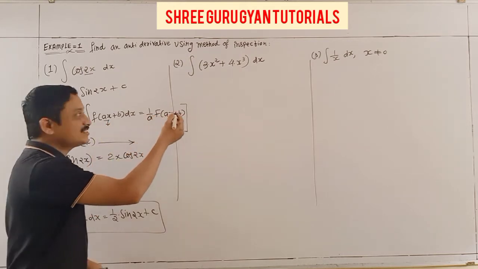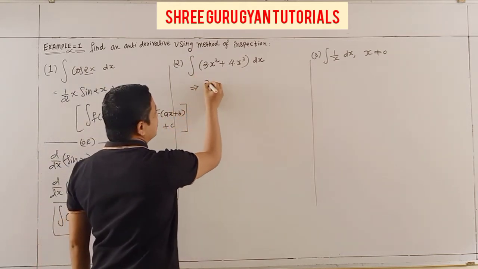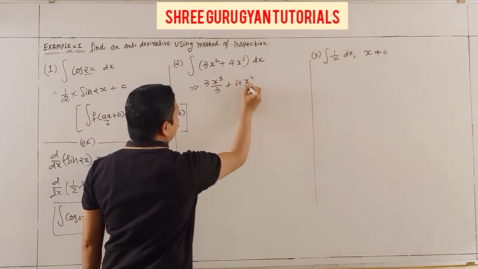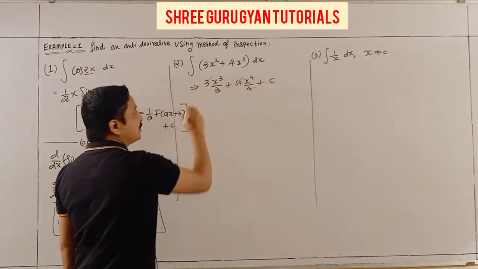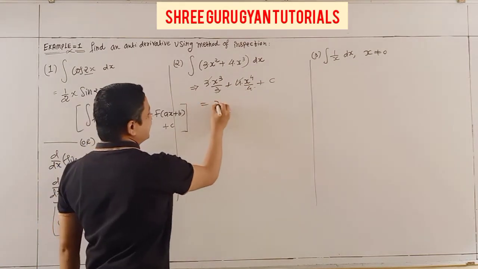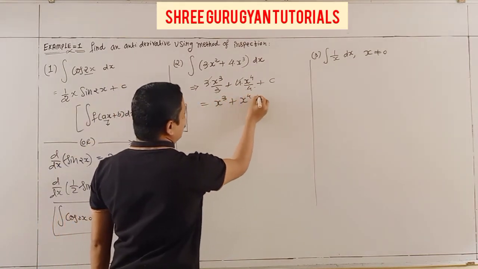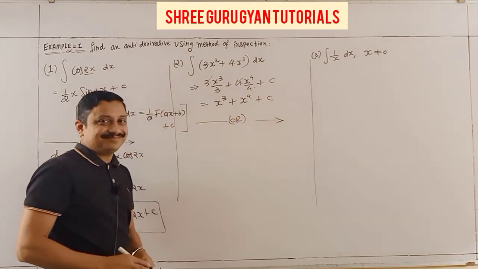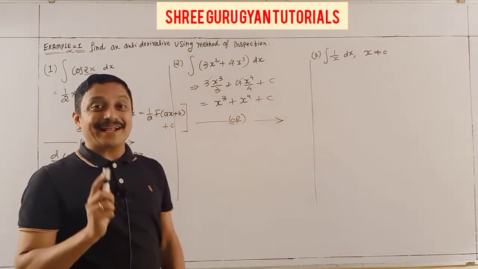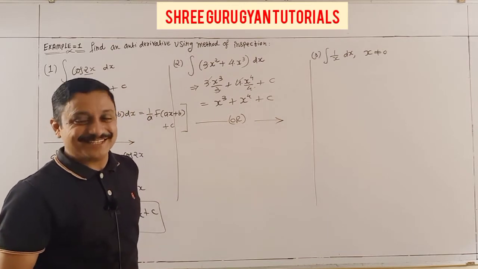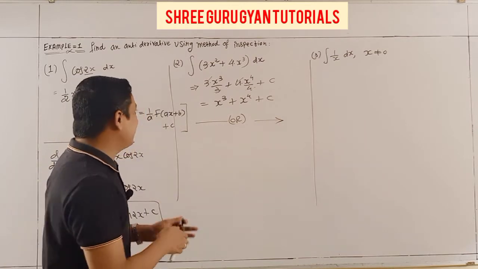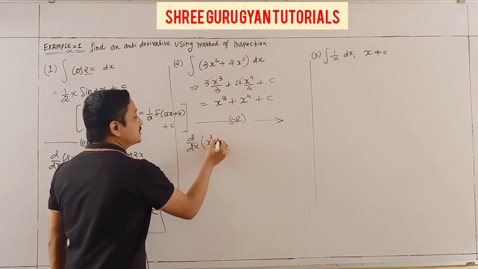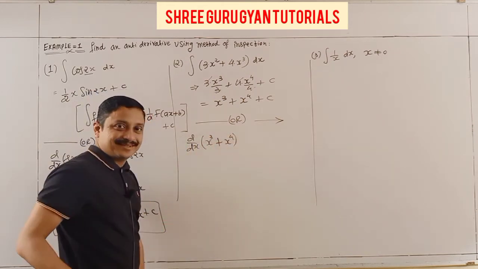Same here. Check, students, I go directly to the answer. It is x cubed by 3 and here x to the 4 by 4. The 4 and 3 cancel, and your answer is x cube plus x raised to 4 plus c. Now I start the other method, the method of inspection. It's very simple: apply d/dx of x cube plus x raised to 4.